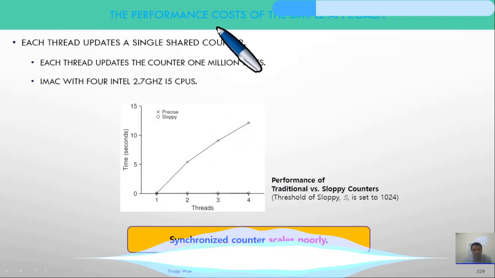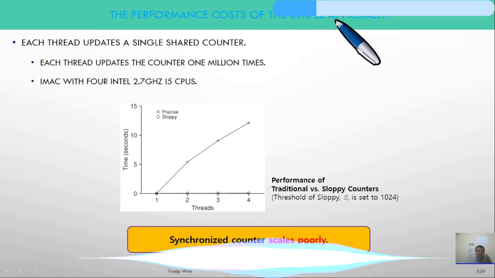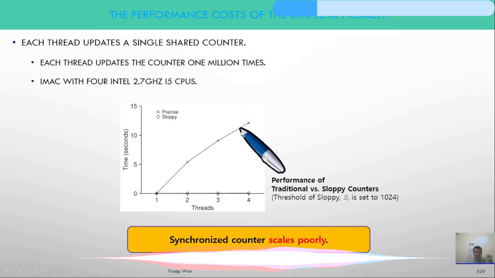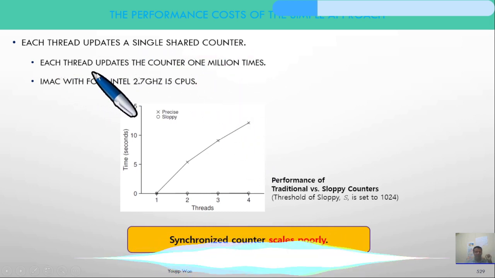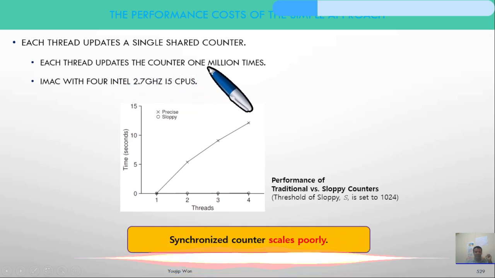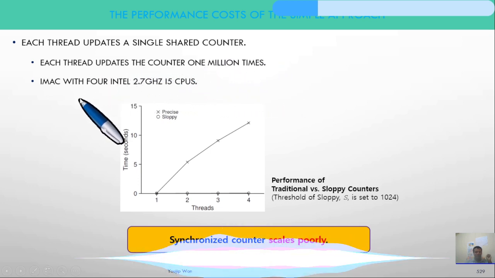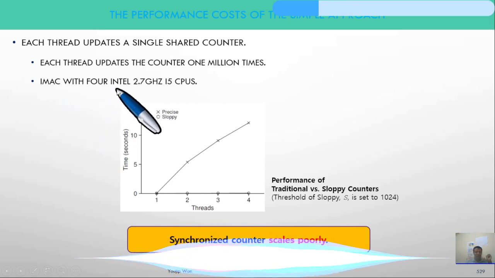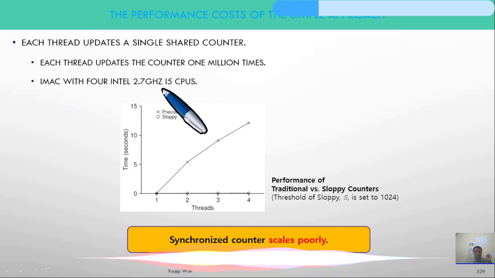So the performance cost of the simple approach: each thread updates a single shared counter, and each thread updates the counter 1 million times. This experiment was done on an iMac with 4 Intel 2.7 GHz i5 CPUs.